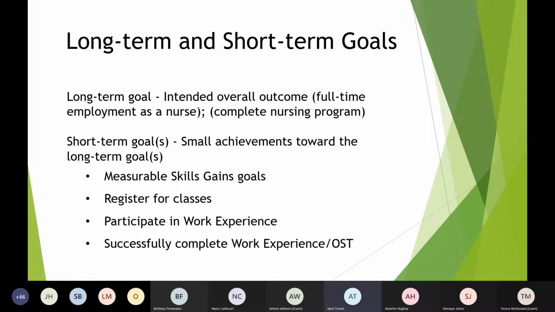And then successfully completing that work experience or that training. These are all short-term goals. There are many, many more that can be set, but this kind of gives them something. They're like baby steps for them, and it helps them to meet their end success.